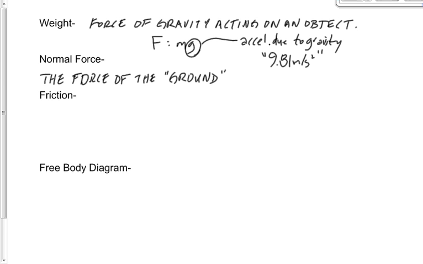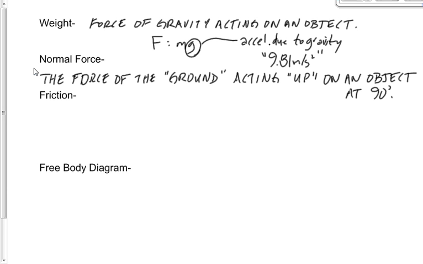The force of the ground acting "up." I'm going to put that in quotation marks as well. Acting up on an object at 90 degrees. We put the word up in quotation marks as well because it doesn't always act up.